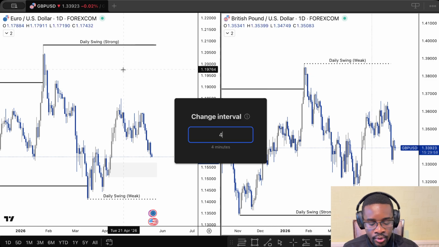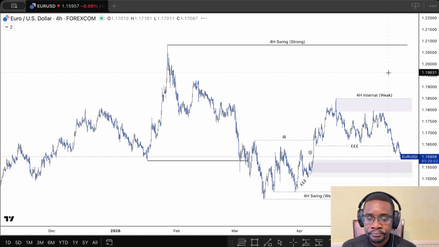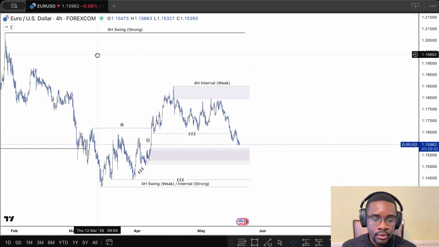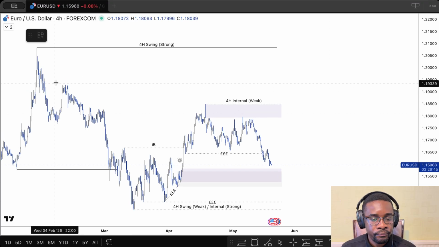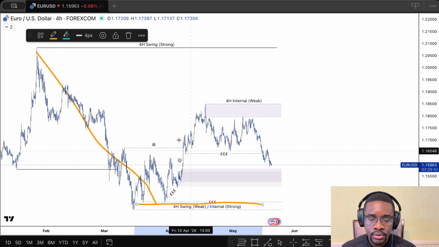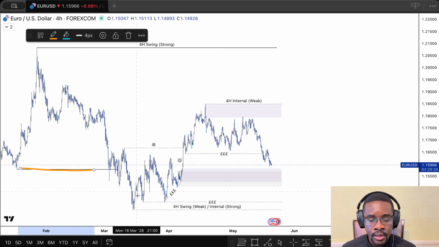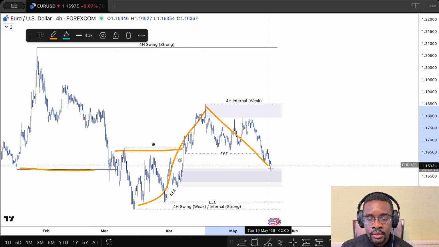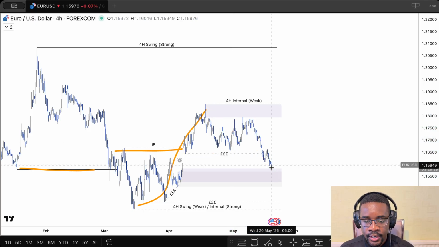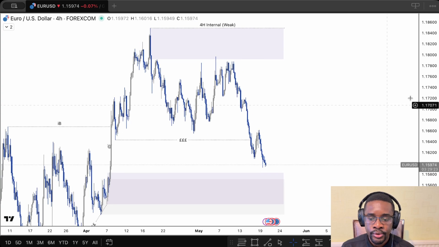Okay, so let's look at the 4-hour, and I'll go on the Euro USD. Looking at the 4-hour, that's the swing range. We're bearish. This was our last break of structure, and then internally we were bullish. This was our internal break of structure, and now price is bearish again from a sub-internal standpoint.